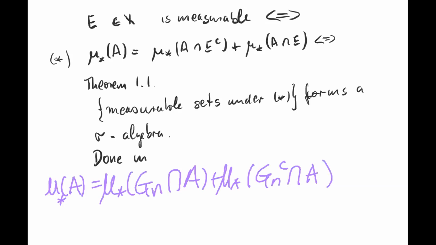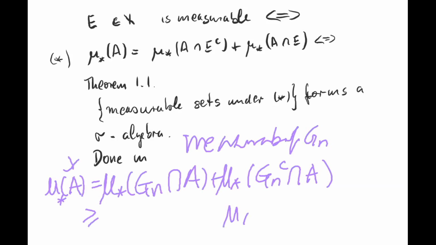That's the measurability of G_N you use here. Yes, measurability of G_N, and then that's a definition, and then this part is G intersect A.